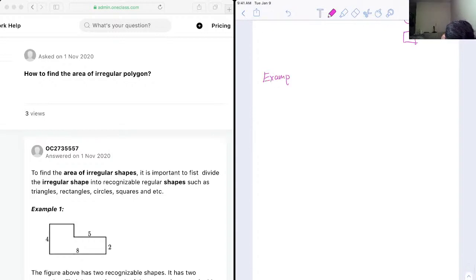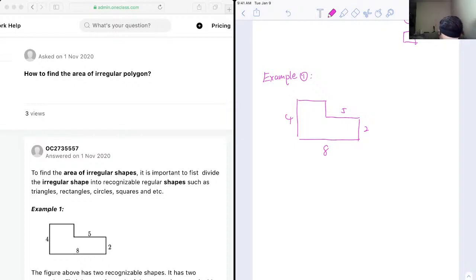Example 1. Okay, so let's say we have this irregular shape. That's 8, 5, 2, and 4. And we need to find out the area for this irregular shape.